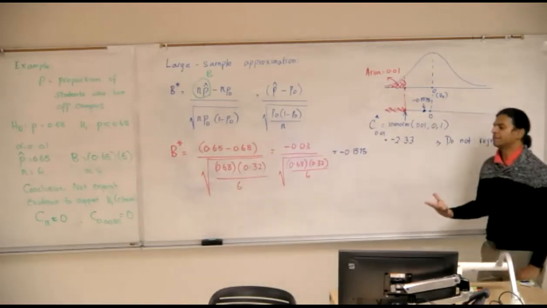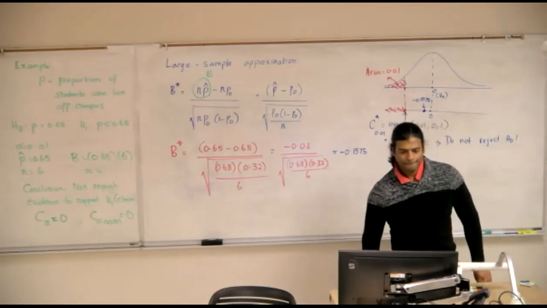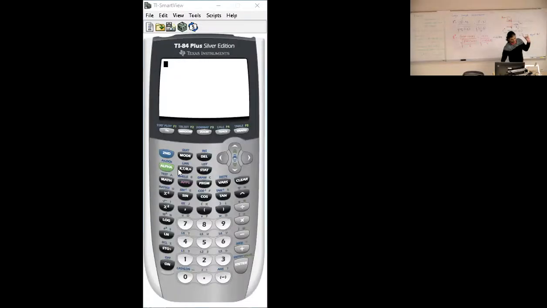The next step is to find the p-value. So again, second vars, you'll find inverse norm, always the area below, so 0.01, followed by mean, followed by standard deviation, enter. That's the value we have.